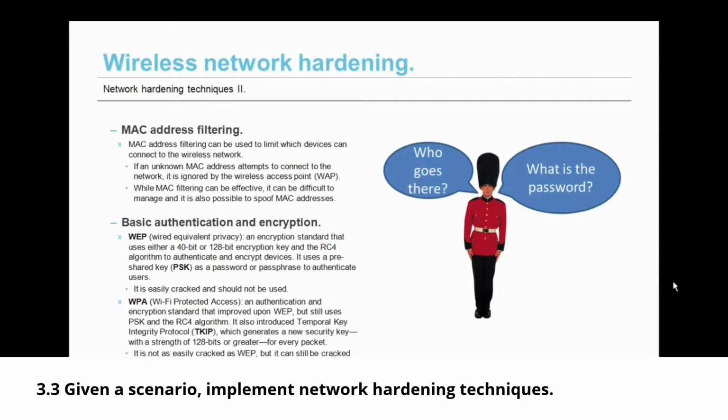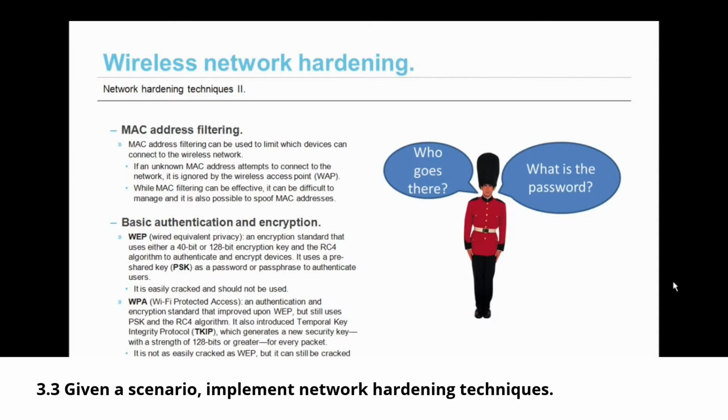Better than WEP is WPA, Wi-Fi Protected Access. It's an authentication and encryption standard that improved upon WEP, but still uses PSK and the RC4 algorithm. But to increase security, it also introduced Temporal Key Integrity Protocol, or TKIP.